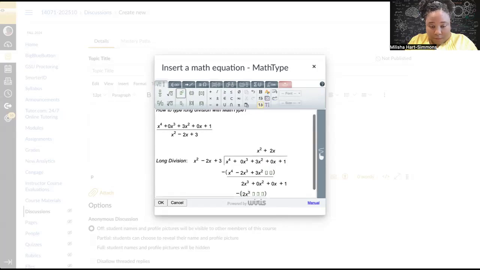Then we have 2x times a negative 2x, which will give us a negative 4x squared. Then we have 2x times the 3, which will give us the 6x.